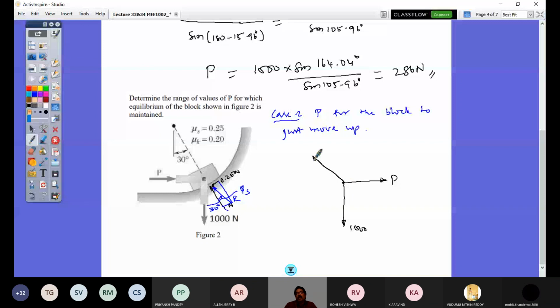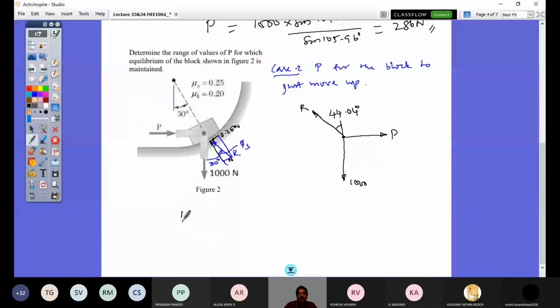So I would be solving for P. That's very straightforward. I can write P by sine of the angle included by this, that is sine of 180 minus 44.04 degrees, equal to 1000 divided by sine of the angle included by P and R, so sine of 90 plus that, that's 134.04 degrees.